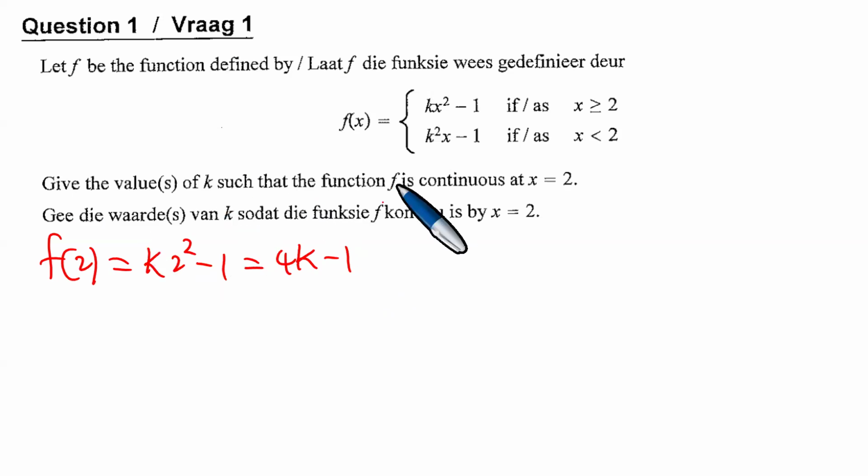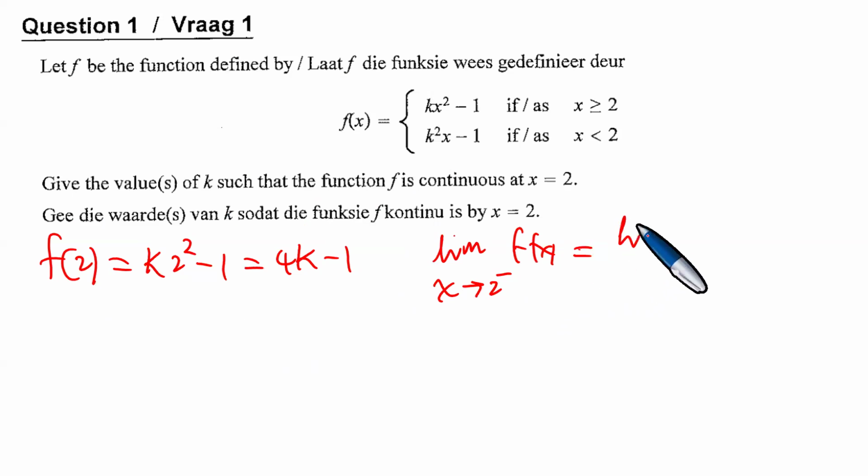For the function to be continuous, the limit as x tends to 2 from the left of f of x must be equal to the limit as x tends to 2 from the right of f of x.